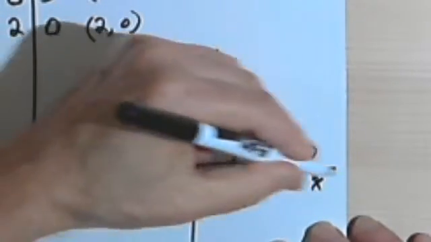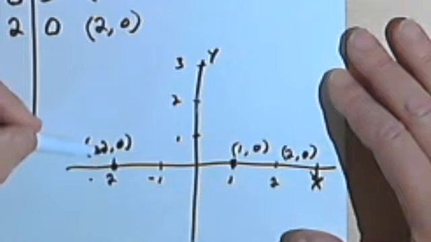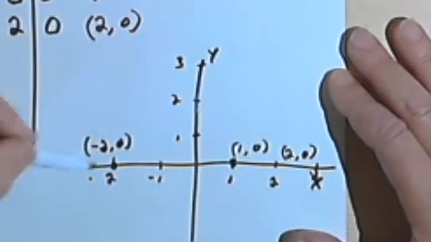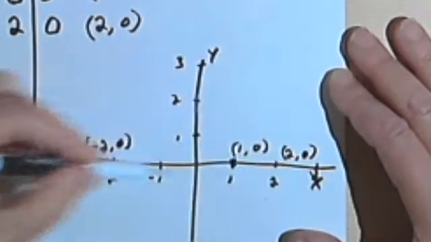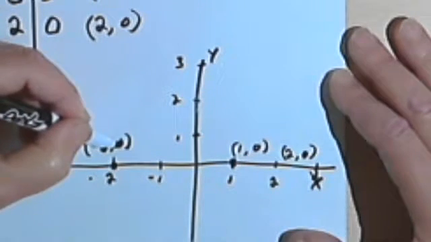Every point on this line is going to have an ordered pair where we have some number for the first part, for the x part, and that number we could find by just looking at the x-axis. The second number will always be 0.